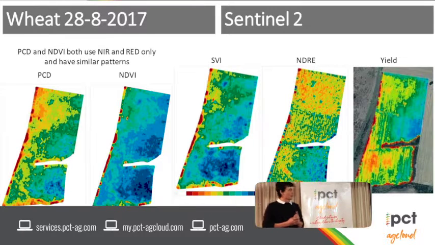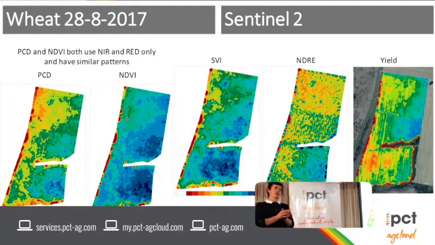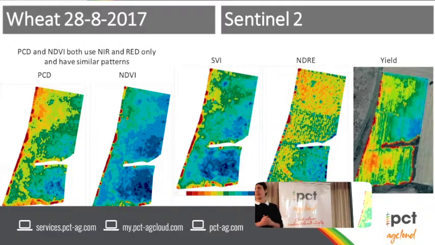So we've got a lot of different options available to us, and we're constantly working on figuring out which of these indices is offering the best value, early in season and late in season as well. NDVI, if it's saturating, is no good to us. There's no point having that data available if it's just a blob.